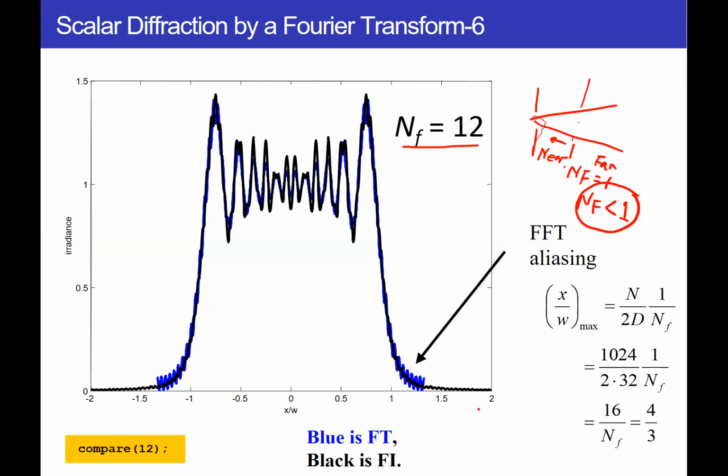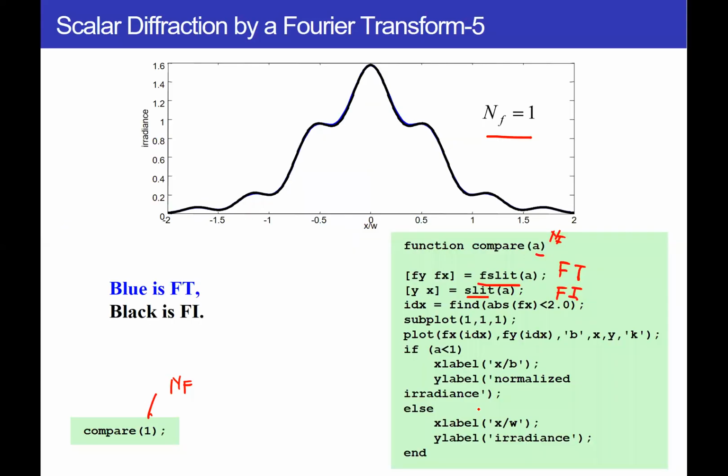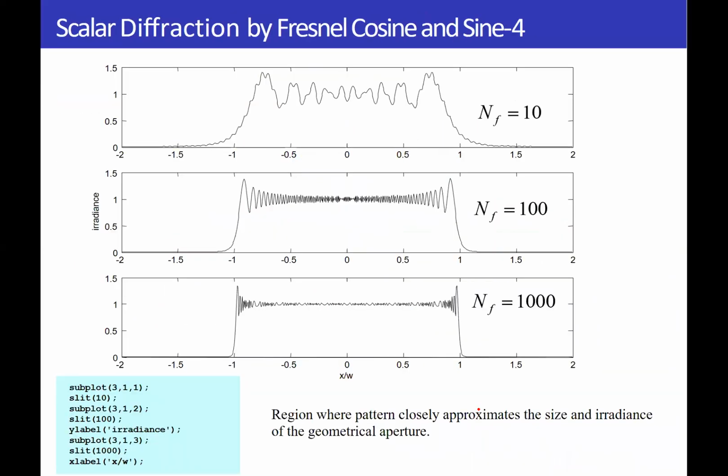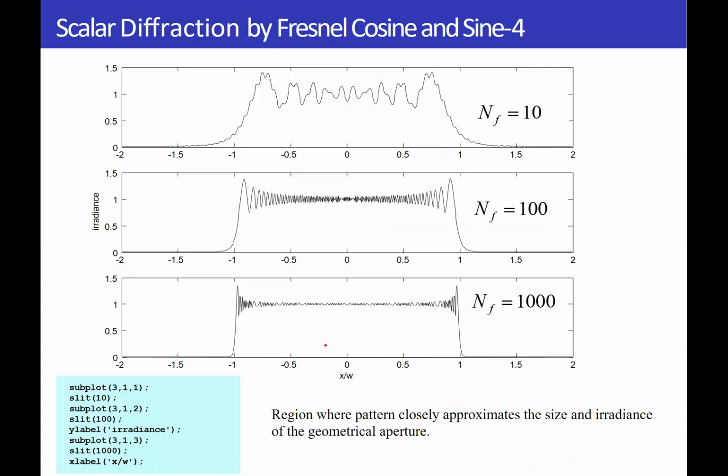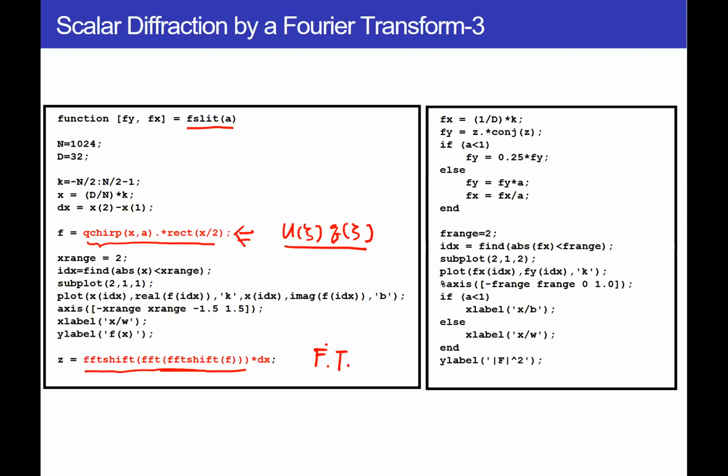In the case of a Fresnel integral, you have to compute 4 terms, right? 1, 2, 1, 2, okay? So you have to compute 4 terms and then do some calculations. But in the case of a Fourier transformation, you define the function and just Fourier transform it. So it's much faster, okay?